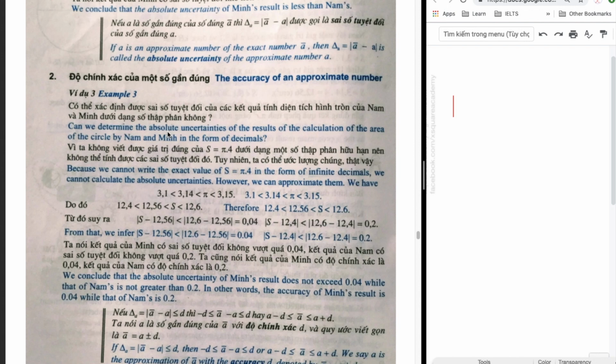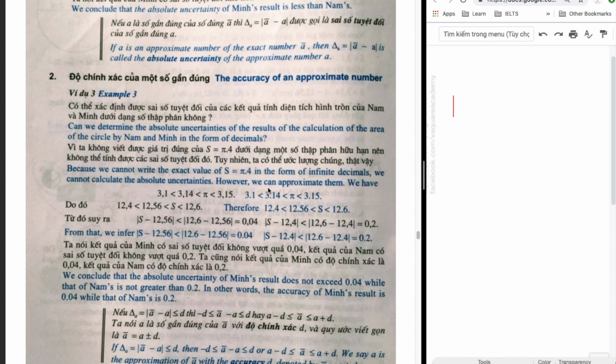Second, the accuracy of an approximate number. Example 3. Can we determine the absolute uncertainties of the results of the calculation of the area of the circle by Nam and Minh in the form of decimals? Because we cannot write the exact value of S equals pi times 4 in the form of infinite decimals, we cannot calculate the absolute uncertainties.